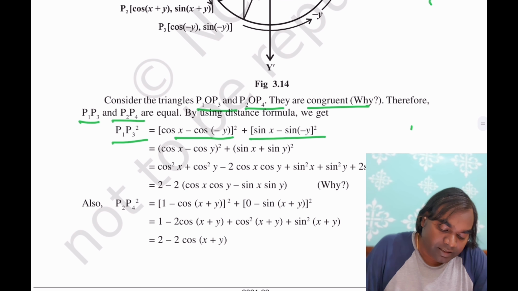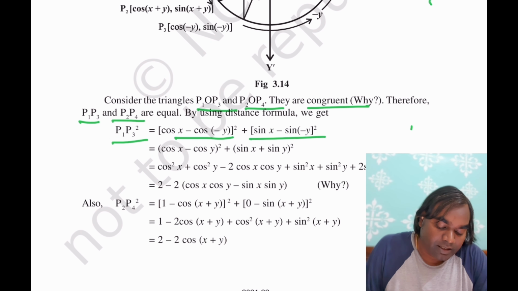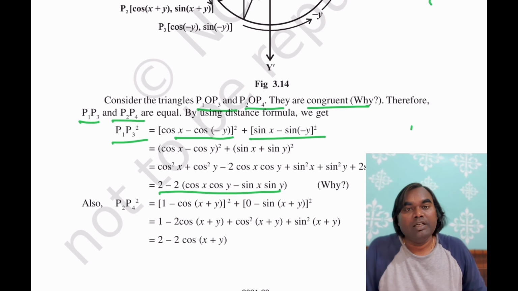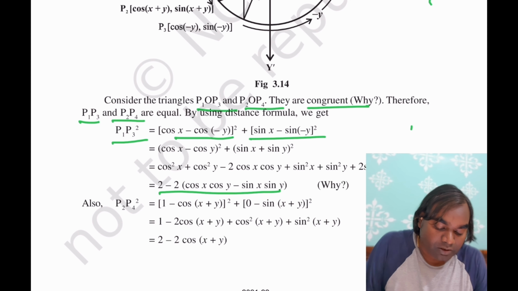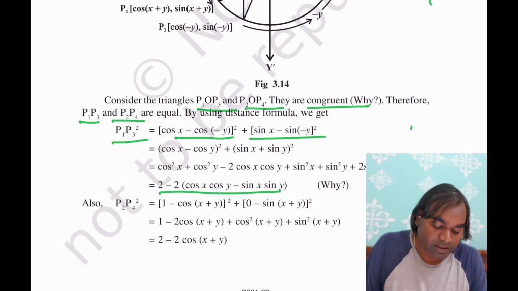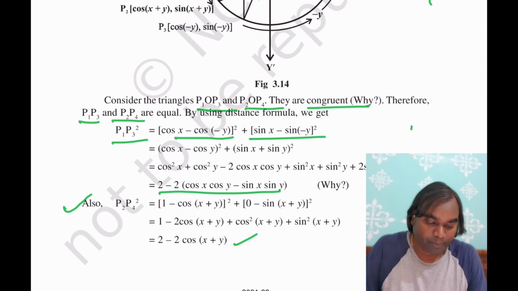and after simplification this will be equal to 2 minus 2 into (cos x cos y minus sin x sin y). Similarly we can calculate P2P4 square and we will get 2 minus 2 cos(x plus y).